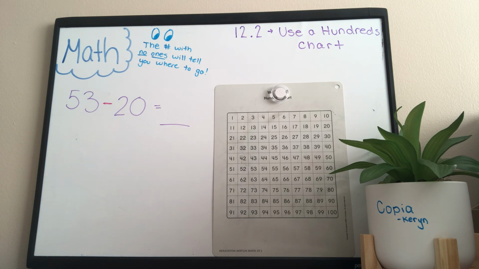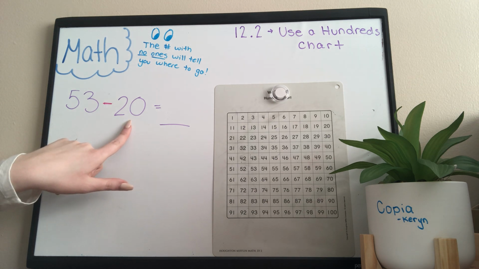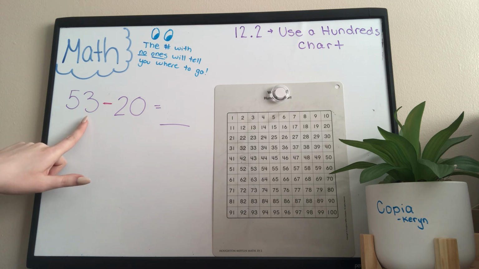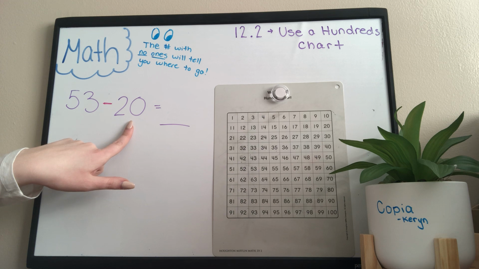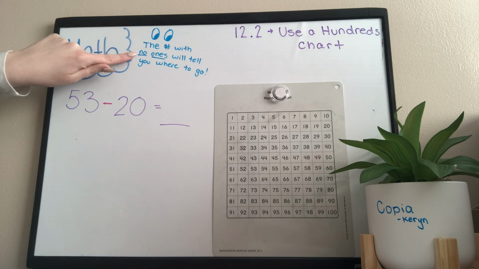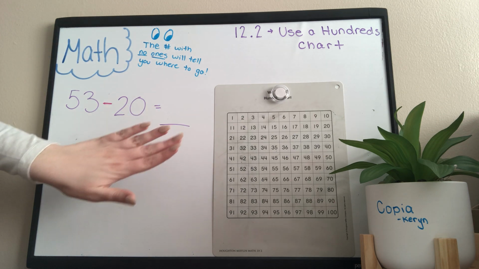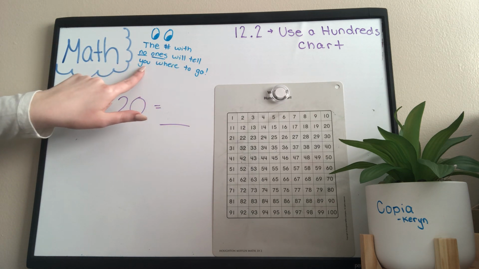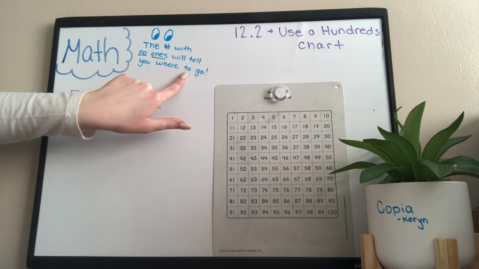Now, we have the same number, but our math problem is asking us to do something different. We're not trying to add 20 to 53. We are trying to take away 20 from 53. 53 minus 20. Remember, the number with no ones, with nothing in the ones place, will tell you where to go.